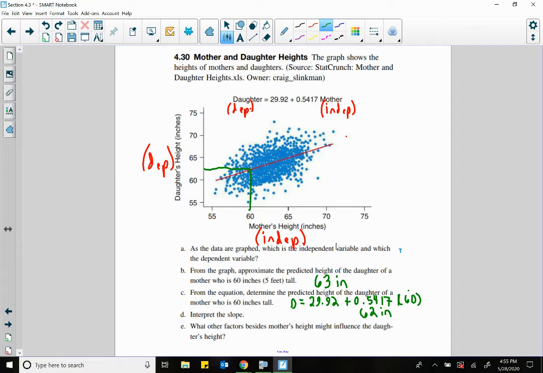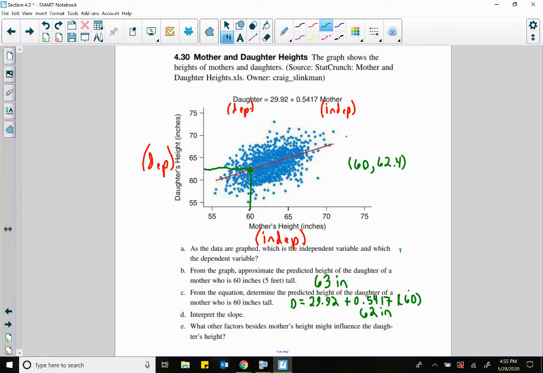So let me go back, and now let me talk to you about what you're looking at here. So that means that the point 60, comma, and then this guy was like 62.4. Let me explain. That means that this point right here is on that red line. Okay? That's this guy that's right there.